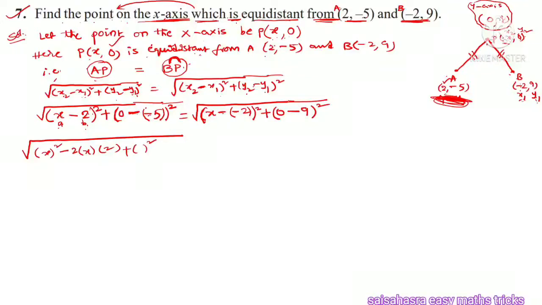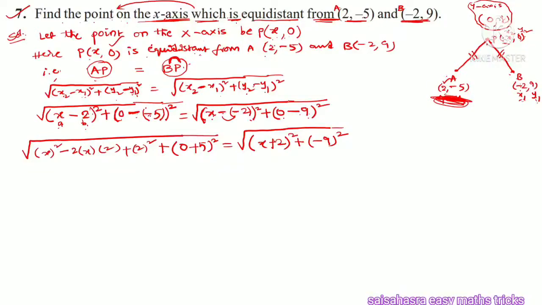B value is 2, so 2 square, plus 0 minus into minus plus 5 whole square. Here x minus into minus is plus 2 square plus 0 minus 9. 0 is not having any value, so we can forget about this 0. Minus 9 whole square.